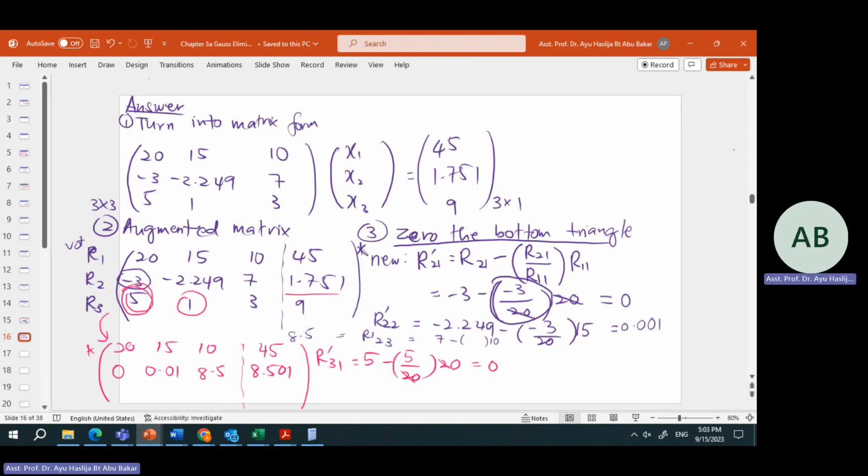So you get 0. This is the factor that you need in order for you to calculate the rest of R prime 3, 2 and 3, 3 and also 3, 4.